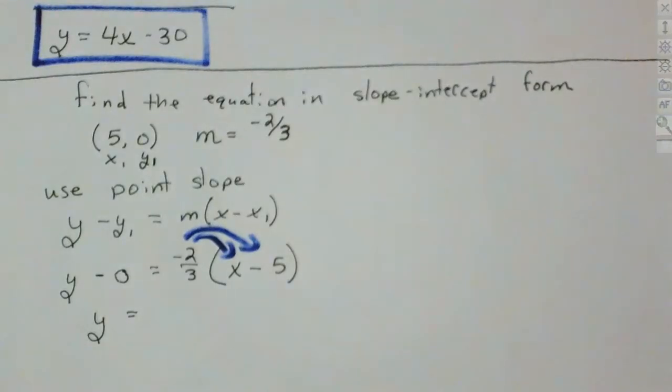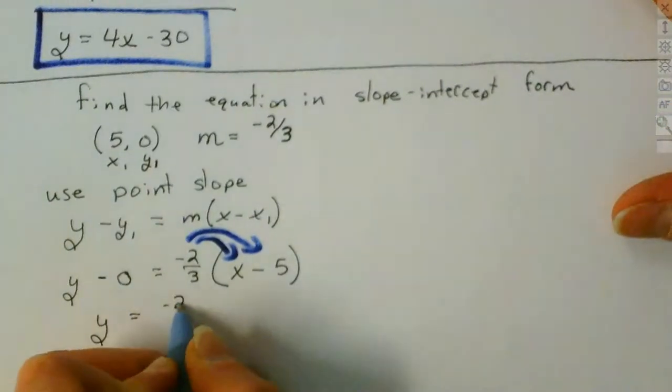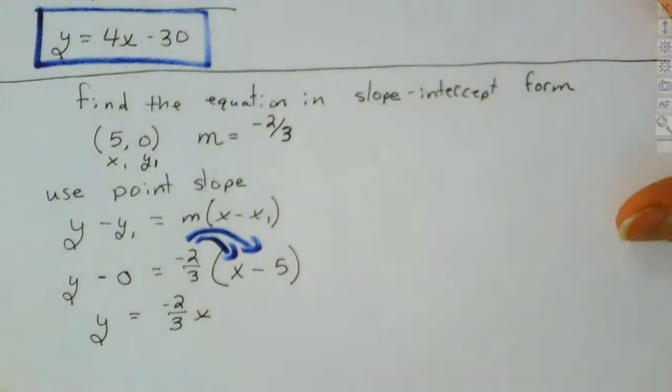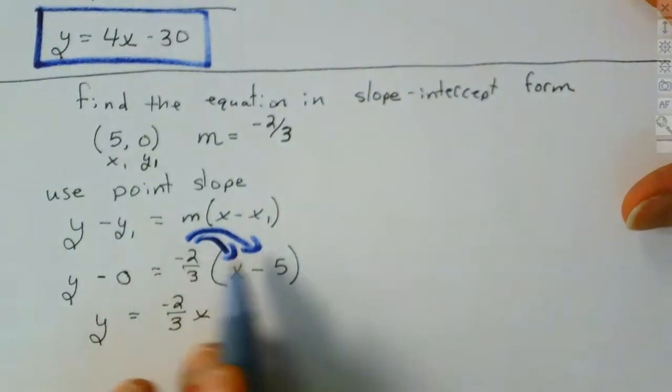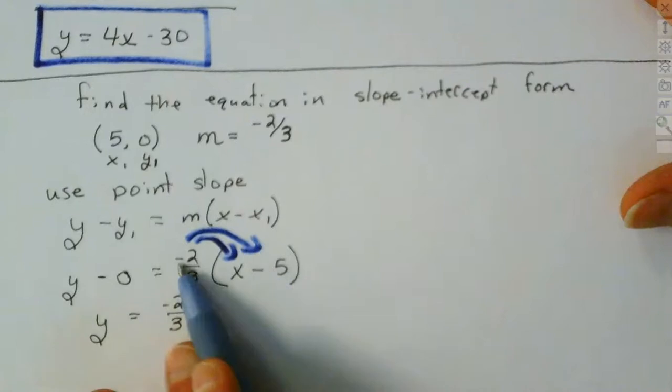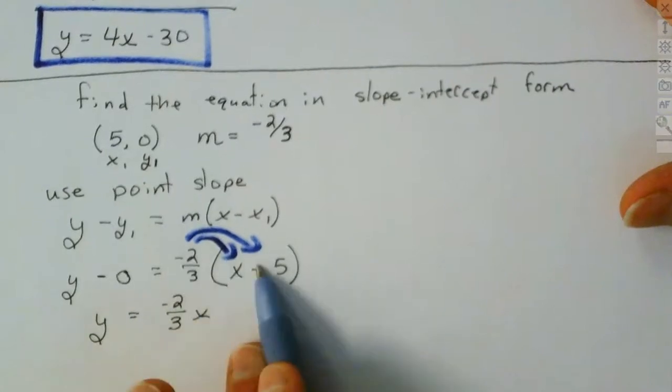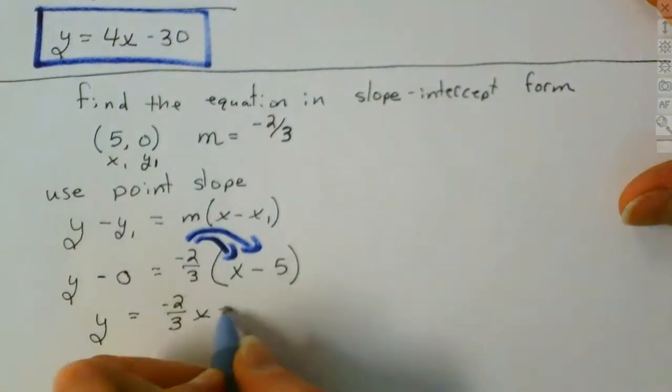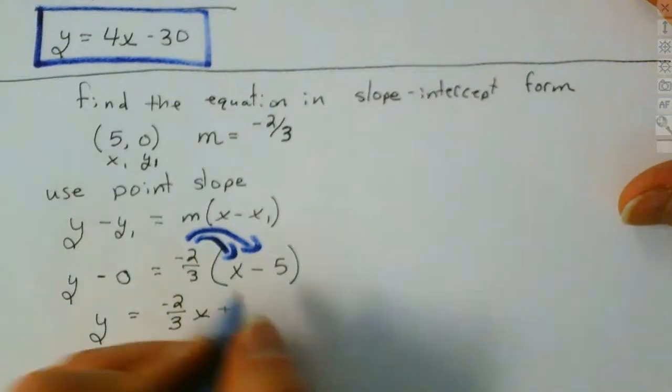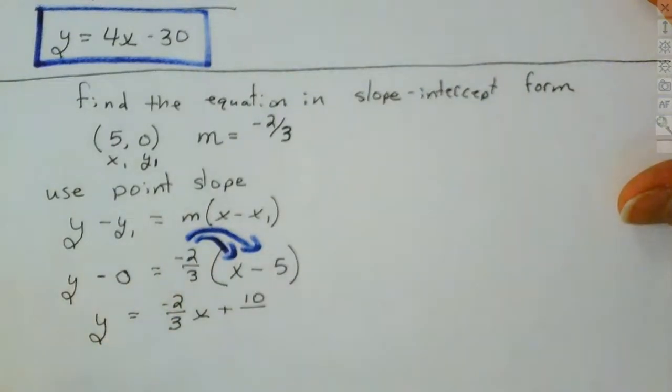What about the right-hand side? Well, we distribute through, and that gives me a minus 2/3 x, right? Now, what about the negative and the negative on the second piece? Negative and negative makes it a positive, and 2 times 5 makes it a 10/3. And that's it.